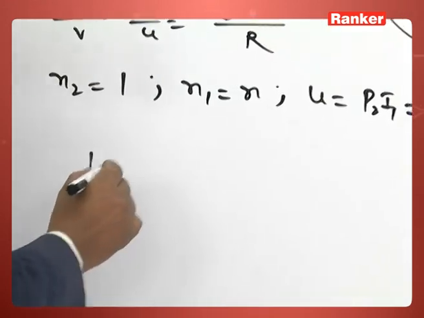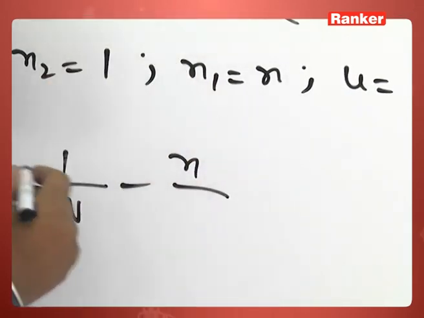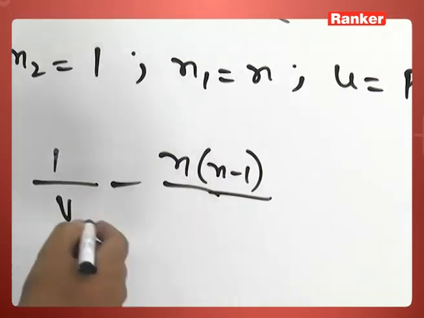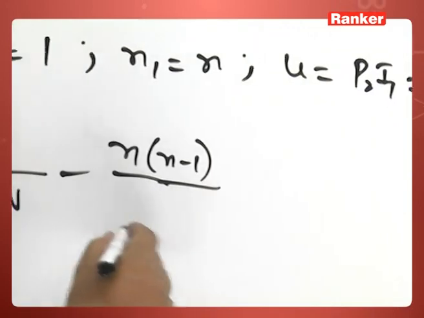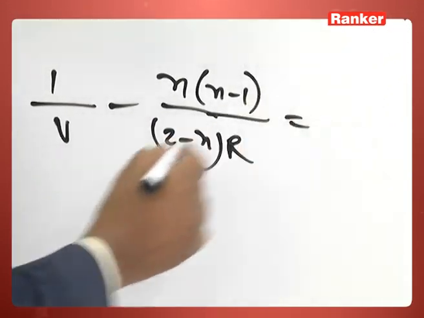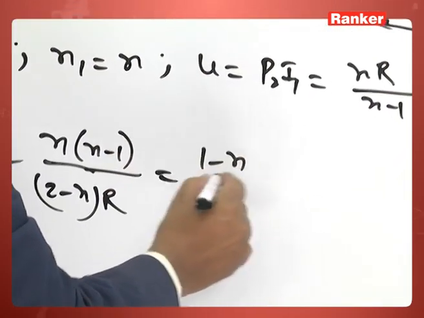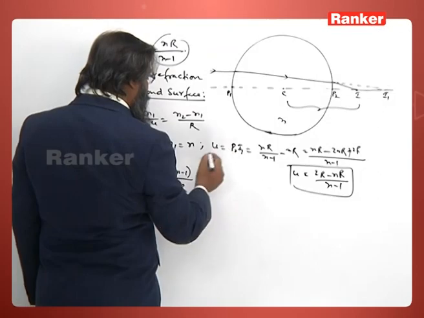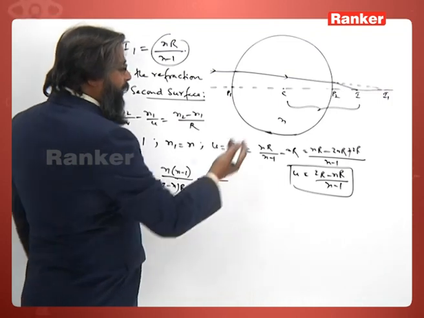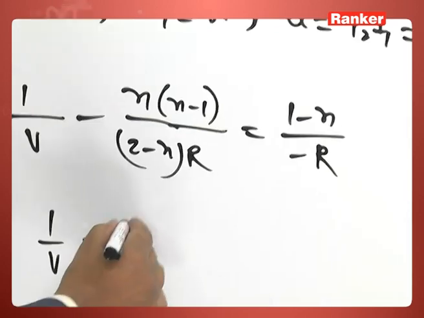So now put in the values. n2 is 1, v has to be determined, minus n1, which is n, by u. u is this quantity, so it will be minus n into n minus 1 by 2 minus nR, equal to n2 minus n1, that is 1 minus n, by R. Now its radius of curvature is lying this side, so this R will be minus.